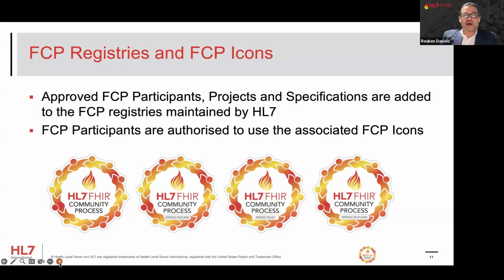Participants aren't required or mandated to use these. We very much encourage them to do so, given they've gone to all the effort to ensure their FCP compliance. And so once you have that, you can add these to your website or to indeed the project pages or documentation, and finally in the FHIR specifications produced under the FCP as well.